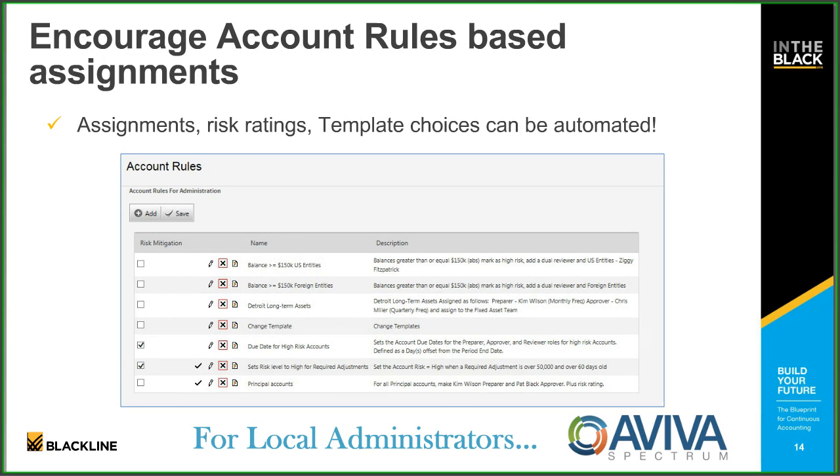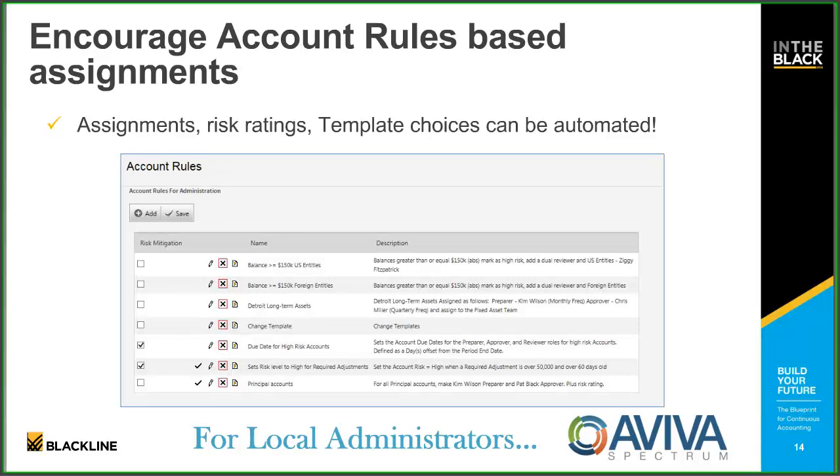I wanted to get into encouraging account rules-based assignments. Here's a picture where you can start seeing where the company made a decision that a certain dollar threshold, when it comes to U.S. entities, something was going to happen. In other words, there's an automated risk ranking, high risk ranking.